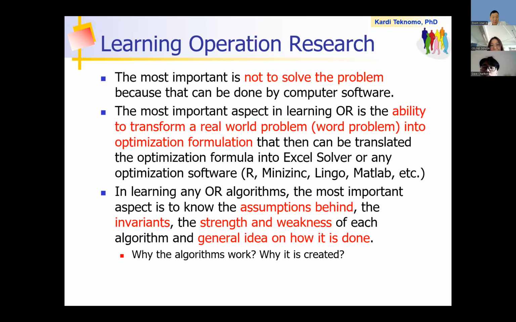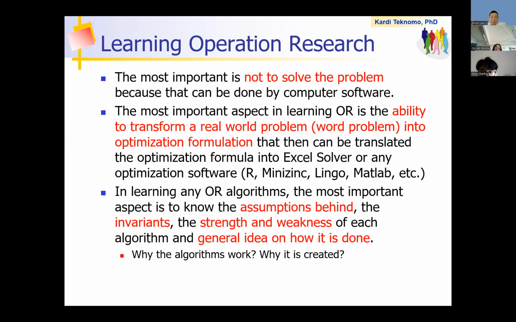The most important thing that you learn from operation research is not to solve the problem, because actually problem solving can be done by computer software.